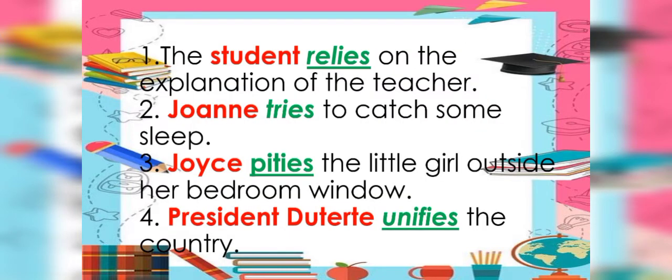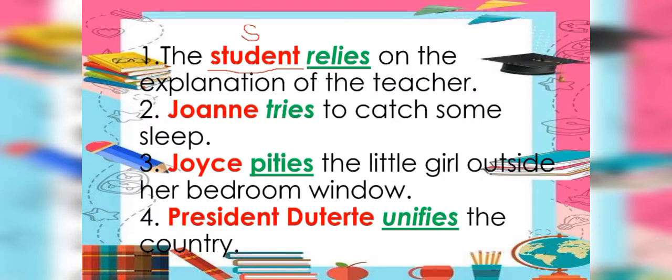Let us now study the following example. For example number 1, the student relies on explanation of the teacher. Student is our noun, and this is in a singular form.